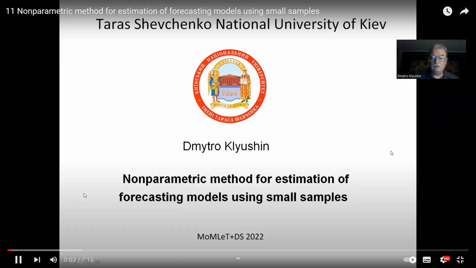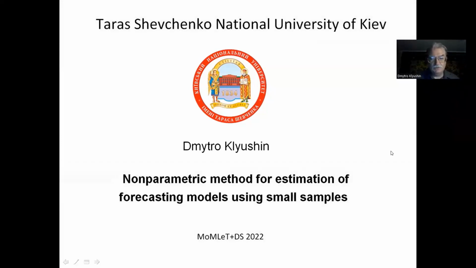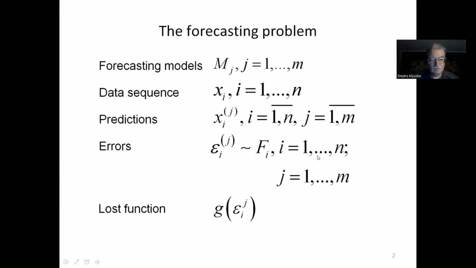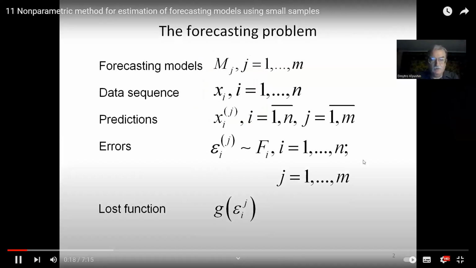Dear colleagues, I would like to present a new non-parametric test for estimation of errors of forecast models using small samples. The problem of forecast error estimation is formulated in the following way.